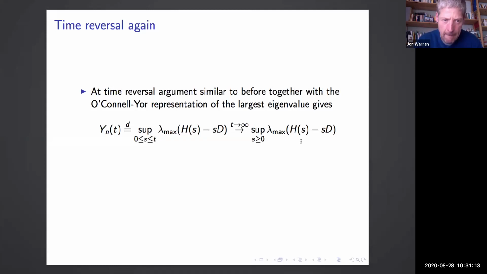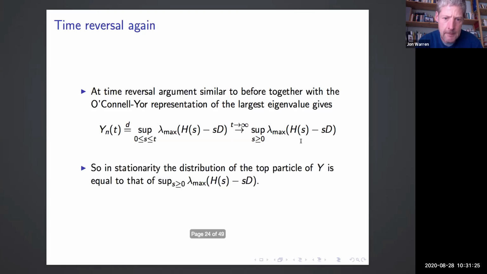So that makes the y process an interesting process, I think. Just to reiterate, the stationary distribution of the top particle of y is equal to that of the all-time maximum of the largest eigenvalue of the Hermitian Brownian motion.